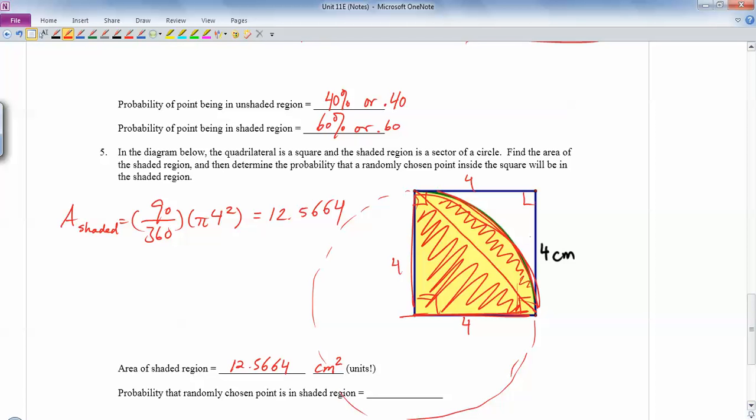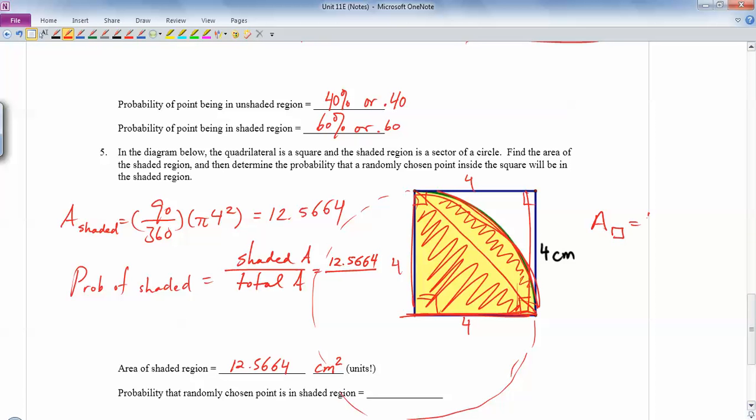So we need the probability of shaded, which is really another way of saying what percentage does the shaded region take up. So it's going to be the shaded area over the total area. Well, the shaded area, we just figured out. It's 12.5664. The total area is just 4 times 4, right? The area of the square is 4 times 4, or 4 squared, by the way.